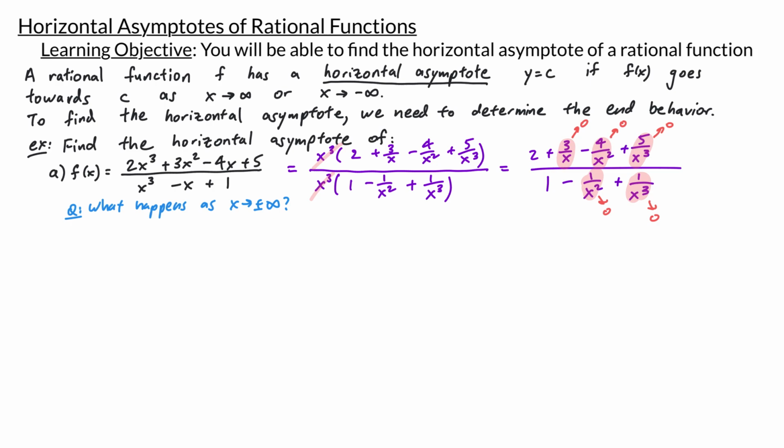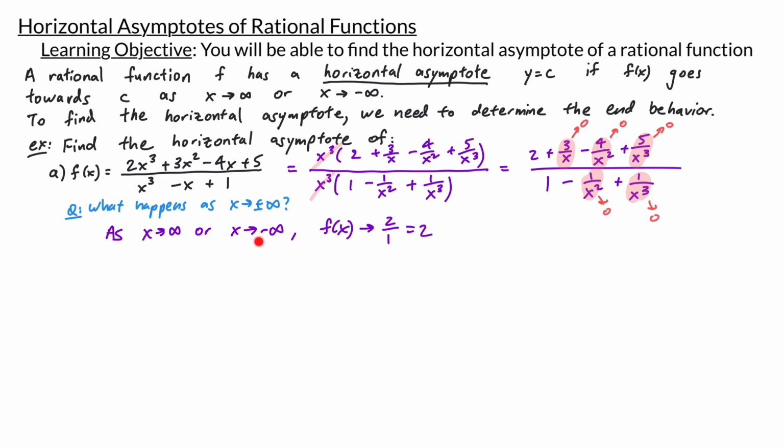So we can say that as x goes to infinity or x goes to negative infinity, our function f of x, the outputs here, gets closer and closer to 2 over 1, which is just 2. In terms of our graph, this means that as we trace our graph to the right, our y-values are getting closer and closer to 2.